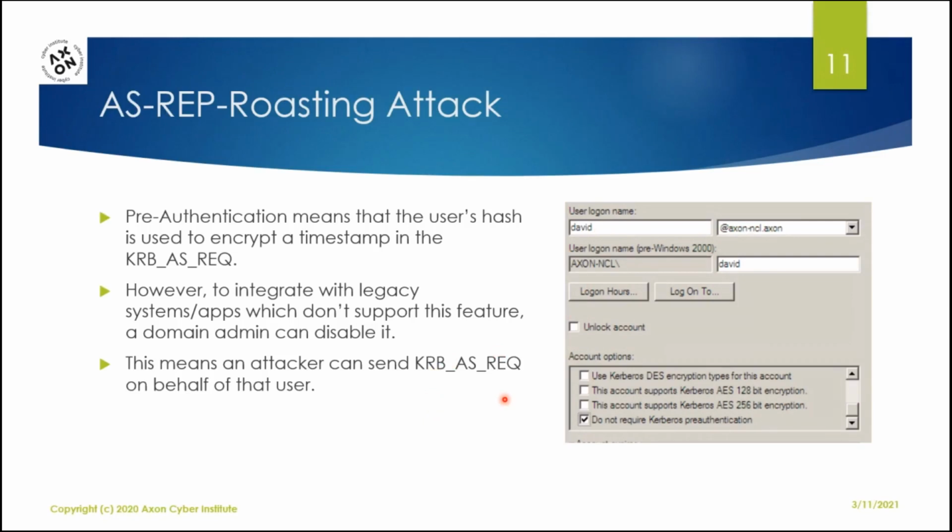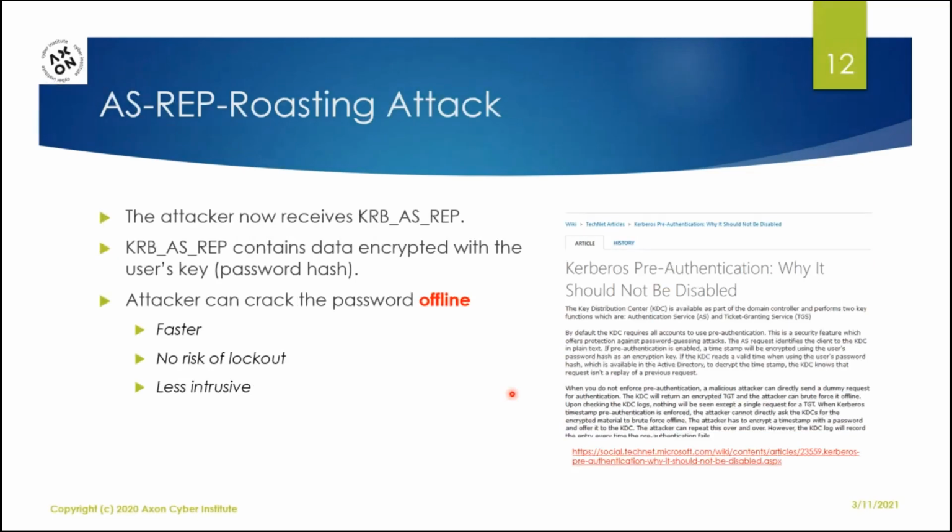The door is that any user, any hacker, can send a Kerberos AS request on behalf of any of those accounts, because he does not have to know their passwords. So there is nothing encrypted there, and this packet, the first packet, the Kerb AS request, is gonna look completely legitimate.